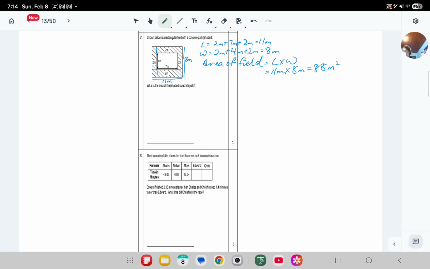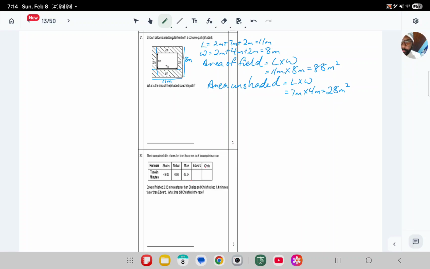We're not accounting for that. So the area of the unshaded part is a rectangle, length multiplied by width, which is equal to 7 meters multiplied by 4 meters, which is equal to 28 meters squared.